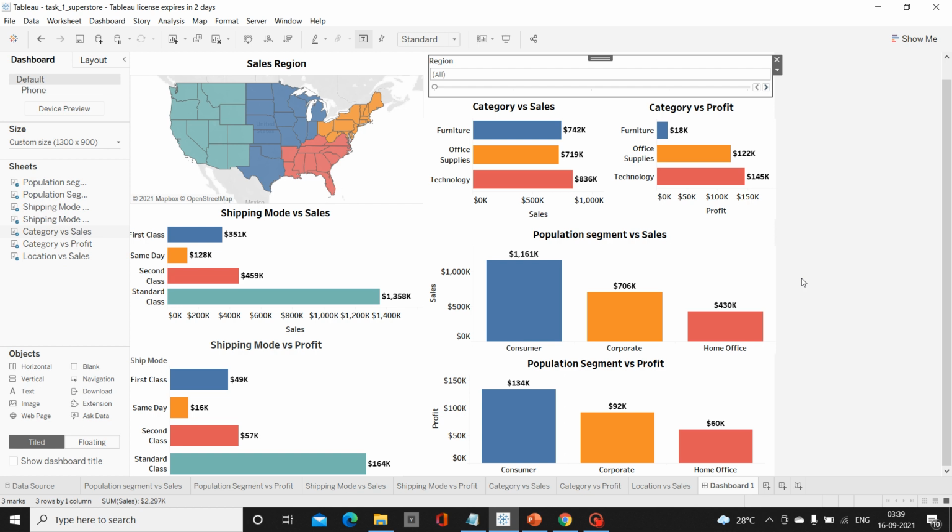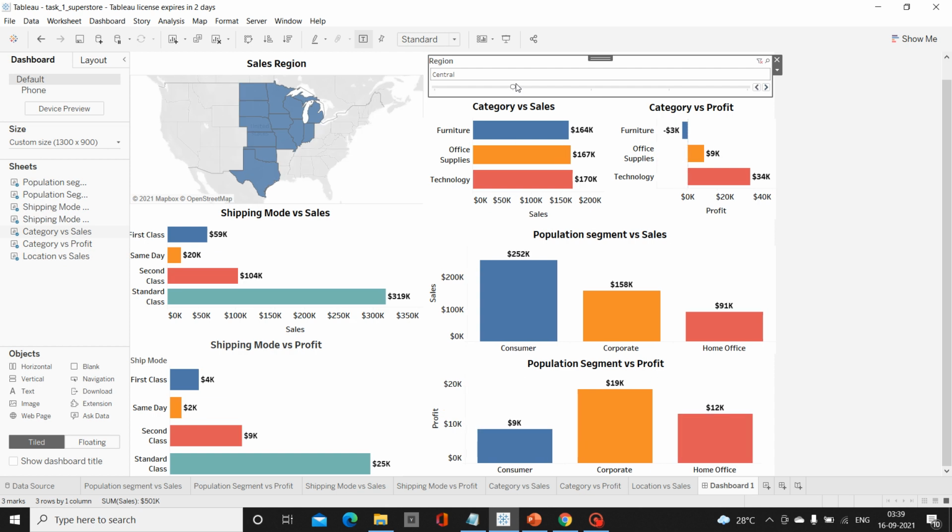So in the end, I just want to say that the major weak areas which I have found is the contribution of consumer segment in profit for central region is the least in comparison to the other two population segment, and we need to find a way to improve this to help us improve our profit.